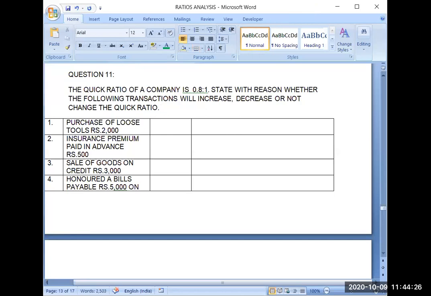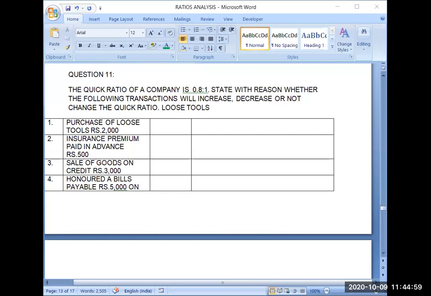First thing that you should know is that loose tools are part of inventory, and inventory is not part of quick assets. Loose tools are not part of your liquid assets. So if you are purchasing loose tools, your loose tools will be increasing, but your quick assets will not be increasing. I hope this point is clear.